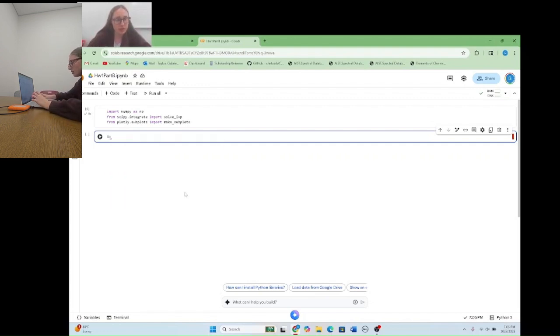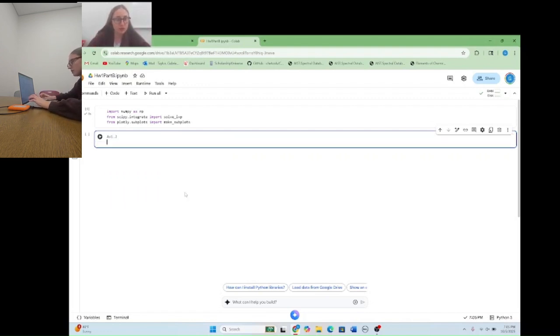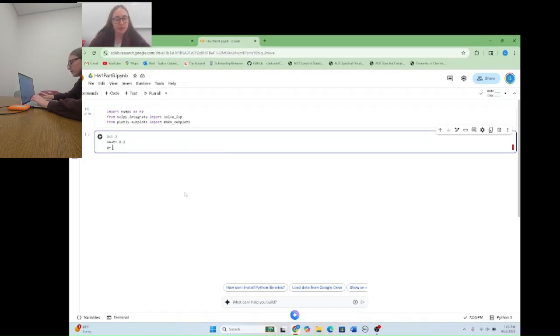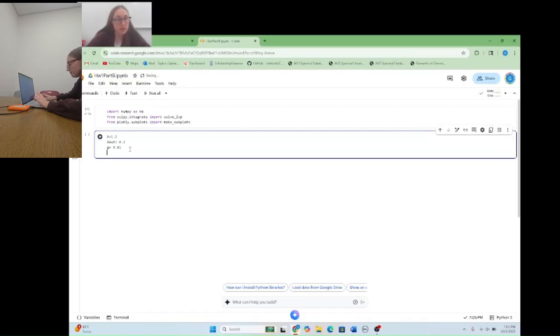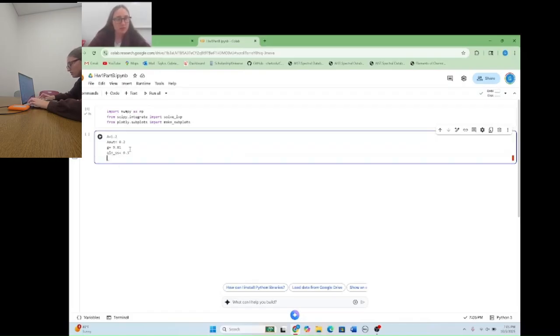So our cross-sectional area of all 3 tanks is going to be 1.2, and then we have our A out, which is going to be 0.2, and then we have our gravity, which is 9.81. And then we have our Qn at steady state, not the current one, so Qn at steady state is going to be equal to 0.5.